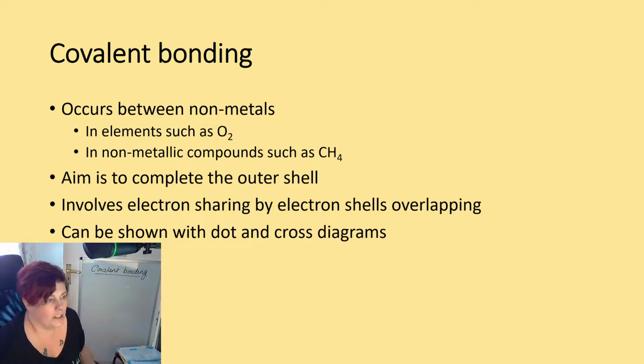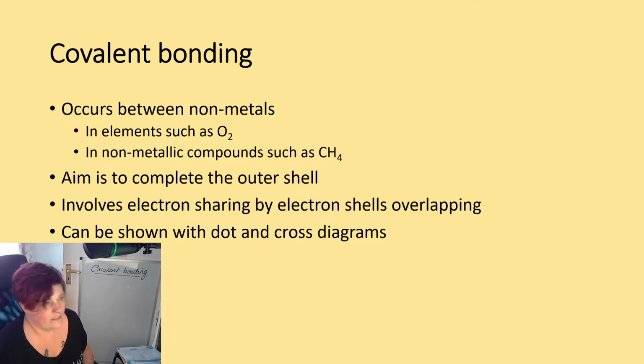It can also occur in non-metallic compounds, such as methane, CH4, ammonia, NH3, and substances such as sulfur dioxide. Equally, you don't just get small molecules, you get giant structures, things like graphite, diamond, that sort of thing.